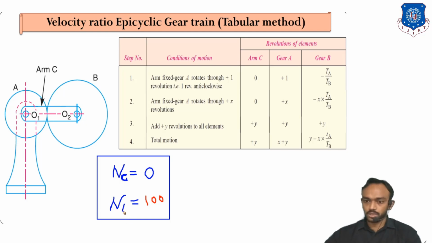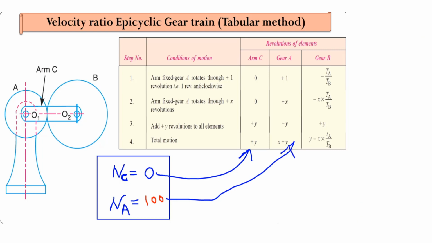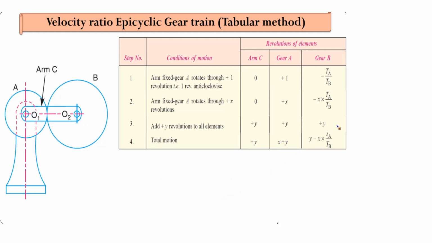Consider the RPM is given: NC is equal to 0 and NA is equal to 100. We will compare this data with our table, and what will we find? We will find x and y. Using these 2 data we will find x and y, and once you find x and y, you can find the RPM of any element in our system. Okay.